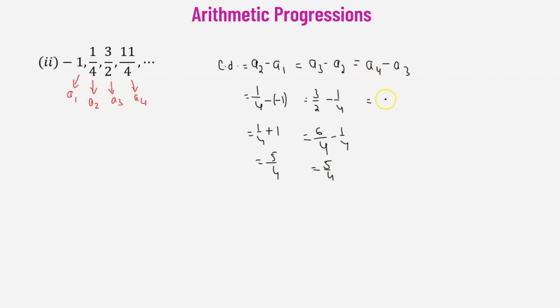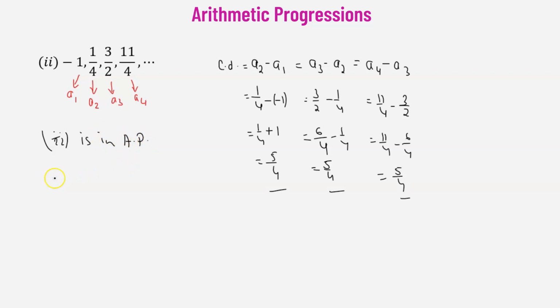A4 is 11/4 minus A3, which is 3/2. This will be equal to 11/4 minus 6/4, or simply 5/4. So here we have seen that in each of the cases we have obtained a common difference of 5/4. So we can say that our sequence given by number 2 is in AP. That means it's following an arithmetic progression.